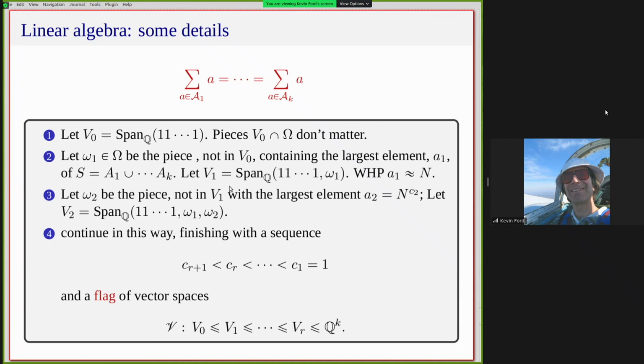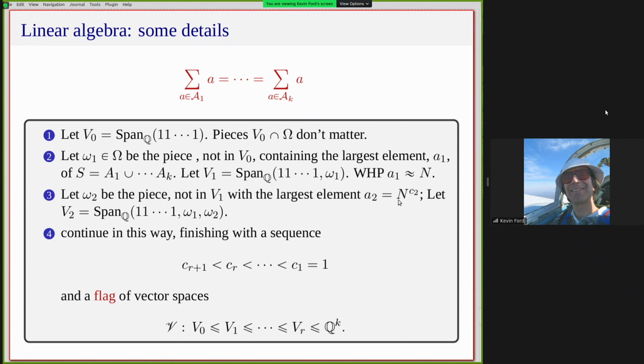All right, so then what we're going to do is something interesting. I'll take all the parts of the Venn diagram that are not in V1 and take the largest element, the piece omega 2 that has the largest element of what remains. This turns out to be important.